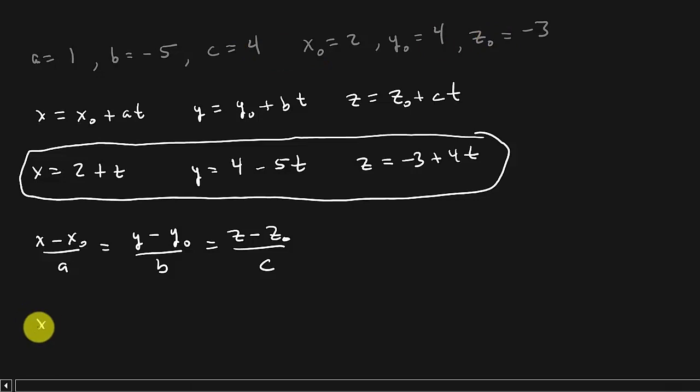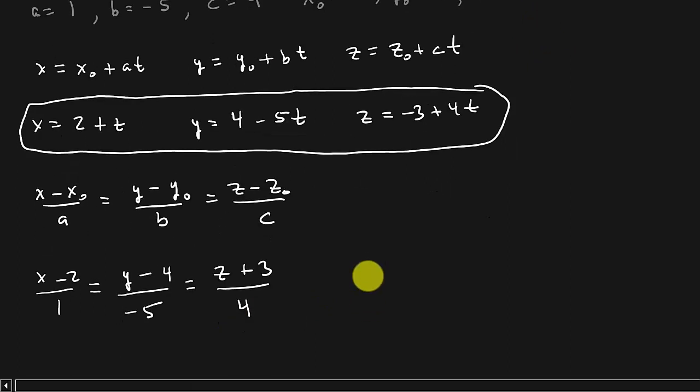So that's going to be x minus 2 over 1 equals y minus 4 over negative 5, which equals z plus 3, because we got a negative there, over 4.